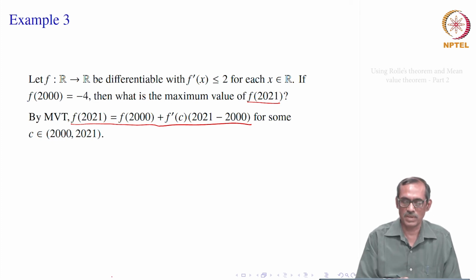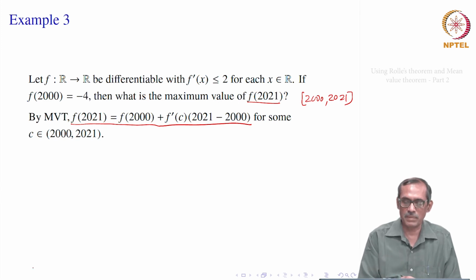That is what the mean value theorem says. Here we are applying the mean value theorem for the function f, defined over the closed interval 2000 to 2021. We know it is differentiable in the open interval and continuous on the closed interval. So that is how the mean value theorem is applicable.